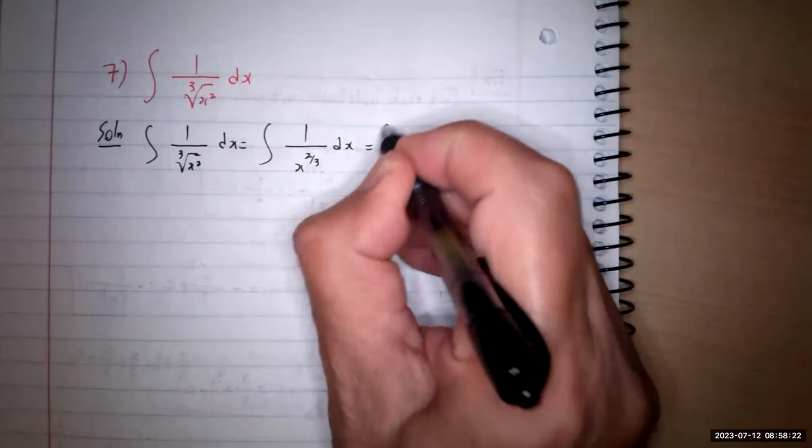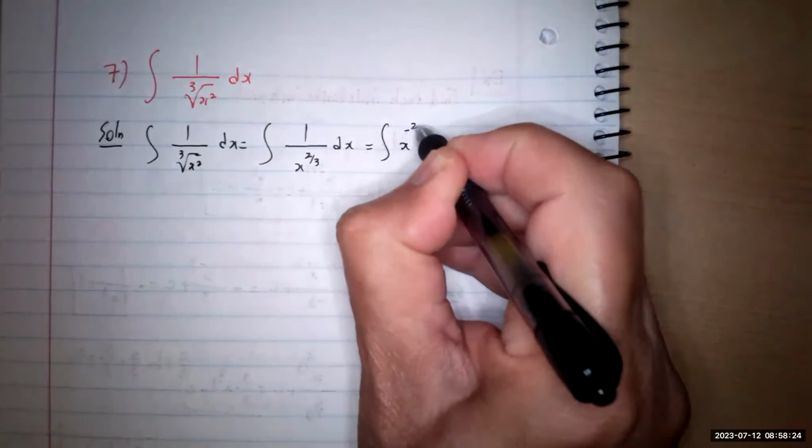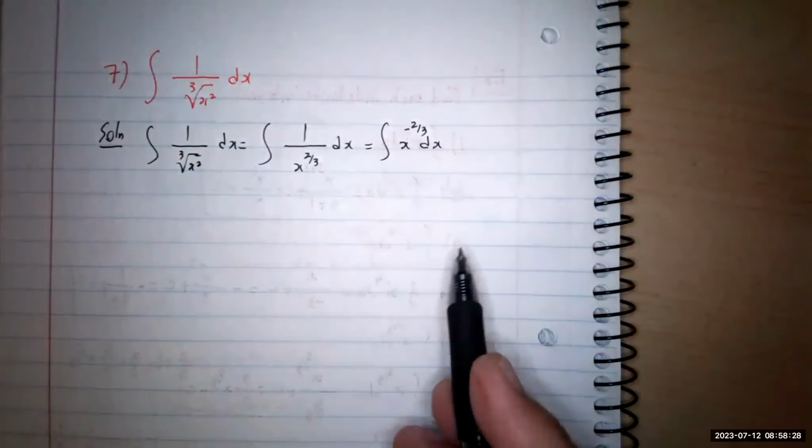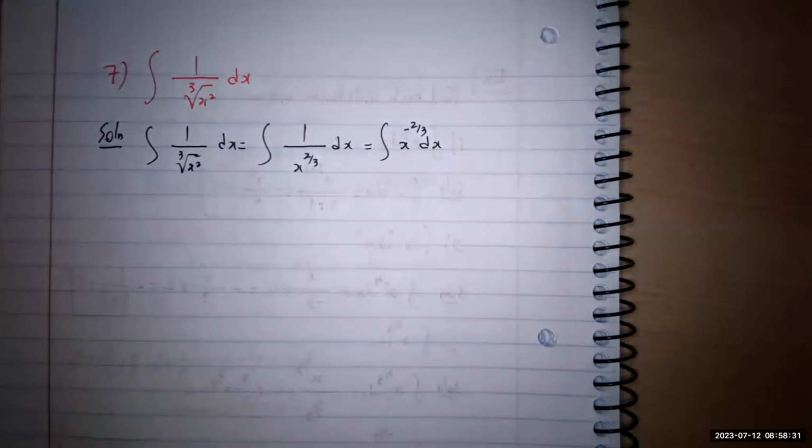Okay, next, what are we going to do next? Make it a negative power. Excellent. Yes, we move it up: x to the negative 2/3. Just make sure you know, some people do it right away, but make sure you have the negative here. Very good. Now it's power rule.